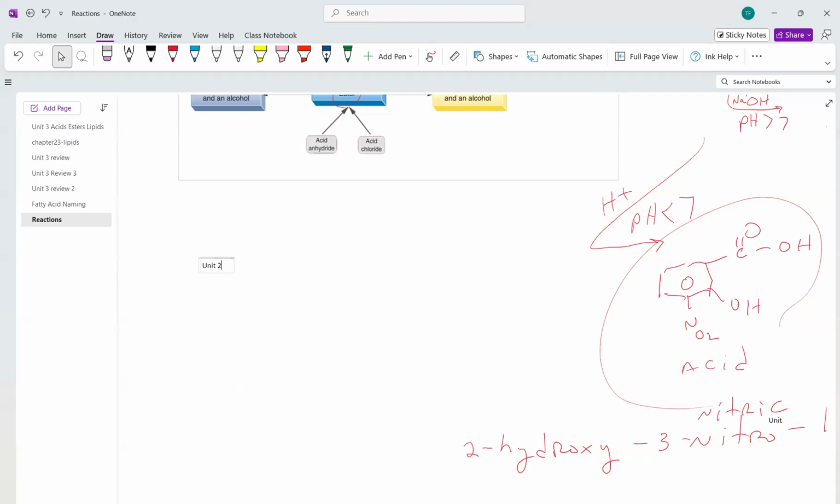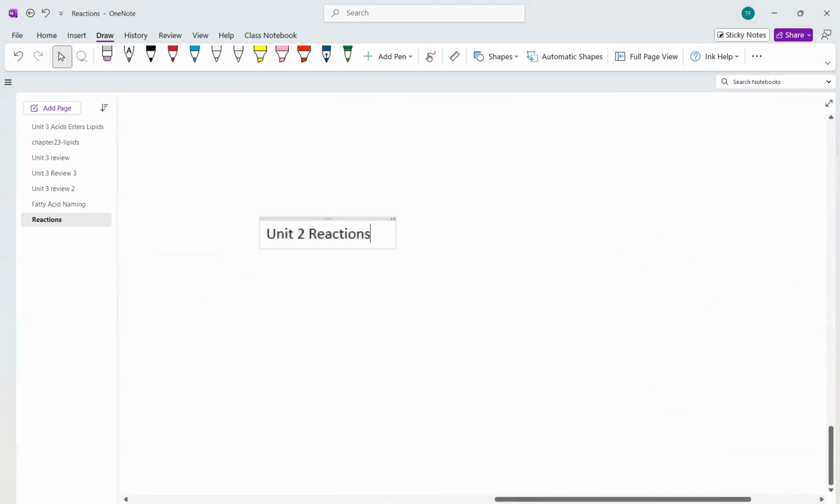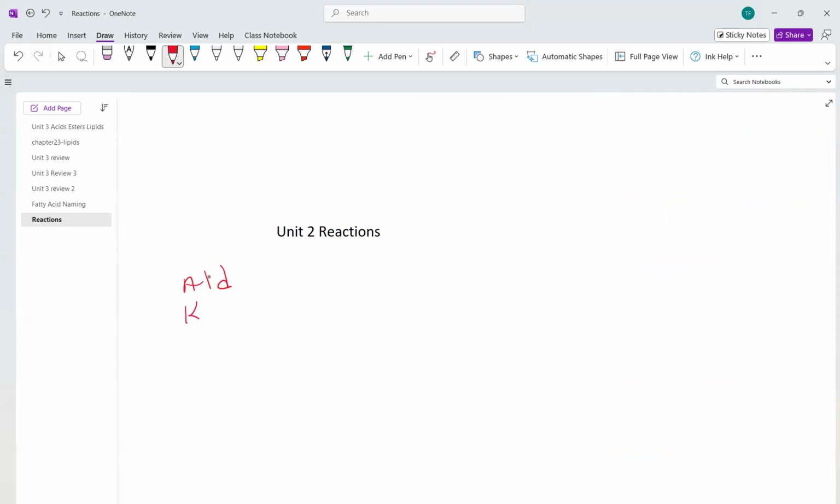Okay, so let's talk about Unit 2 reactions. What did we study in Unit 2? We had aldehydes, ketones, acetals, ketals, hemiacetals, and hemiketals.